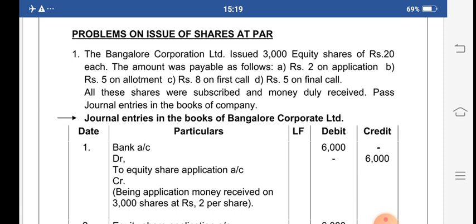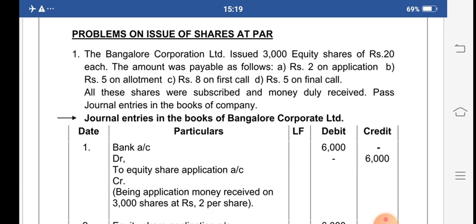From the application they are going to receive rupees 2, for allotment rupees 5, they will make the first call for rupees 8, and the second and final call for rupees 5. Like this they will receive rupees 20: 2 plus 5 plus 8 plus 5 makes 20 rupees.